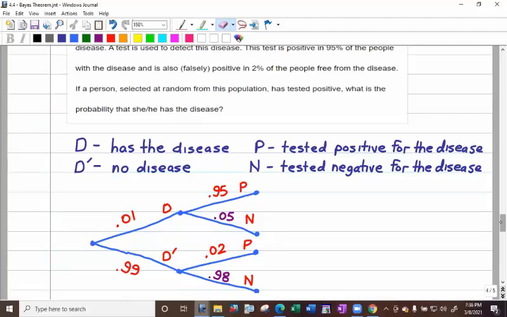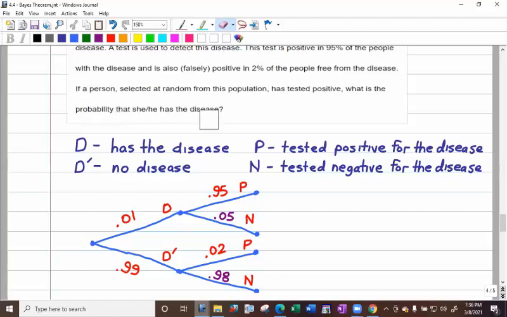Sometimes they can start the sentence off with the probability part, or they can put that part at the end of the sentence, or they can put the given part first, like they did here. If and given are the same thing. If they're positive, what's the probability that they have the disease?